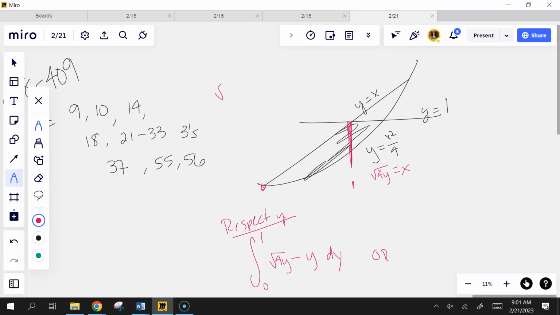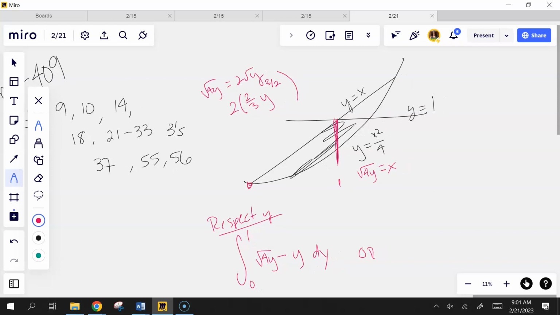Well, the square root of 4y would just be 2 square root of y. So then it'd be 3 over 2, no, 2/3, sorry. If it's me, I'm with respect to x, and I would go from 0 to 1, and I'd do x minus x squared over 4.